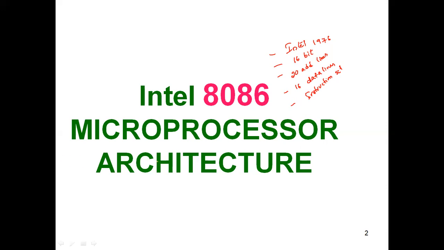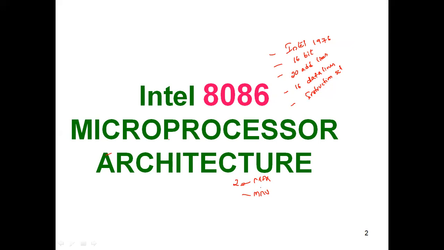In the pin diagram, we have seen that this 8086 is going to support two modes of operation. The first one is the maximum mode, and the second one is the minimum mode. What pins are activated in maximum mode and in minimum mode, we have already seen.